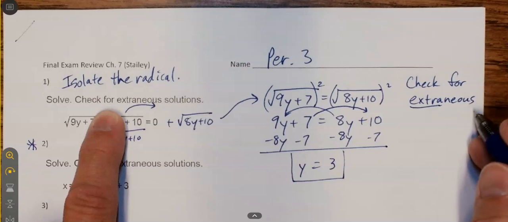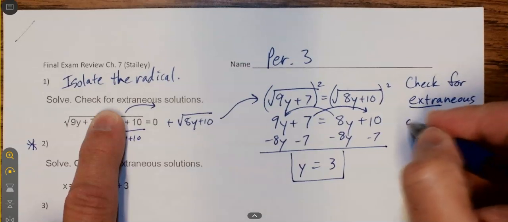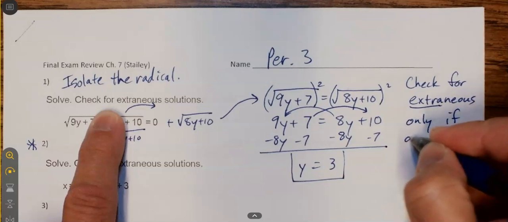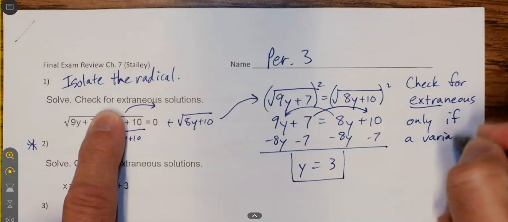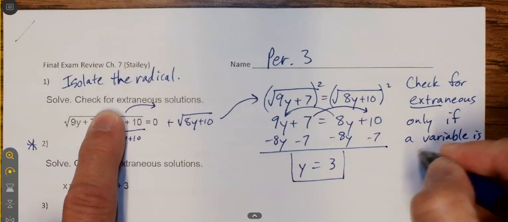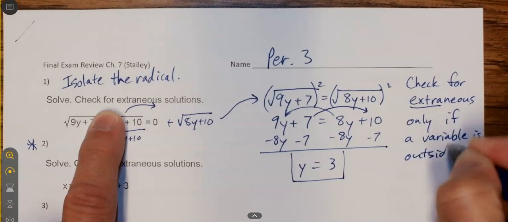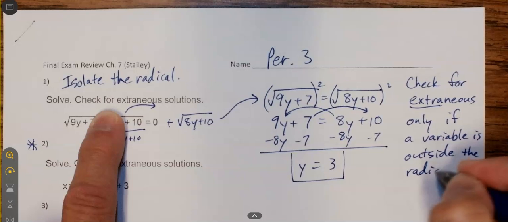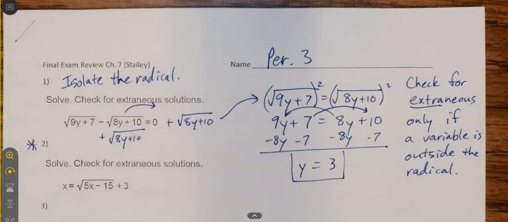That is only necessary only if a variable is outside the radical. Do we have a variable outside the radical? No, we do not. So, I'm done with this question.